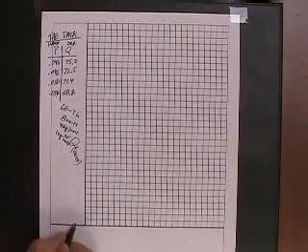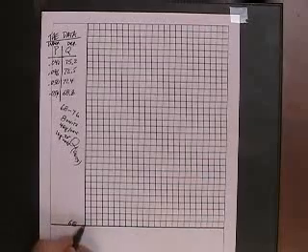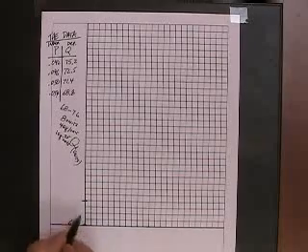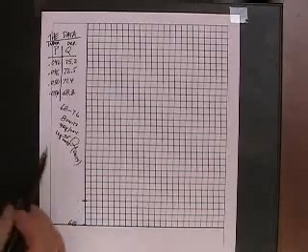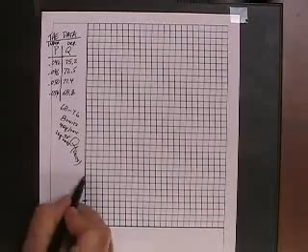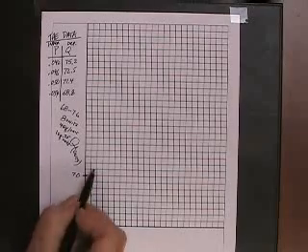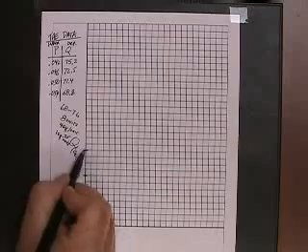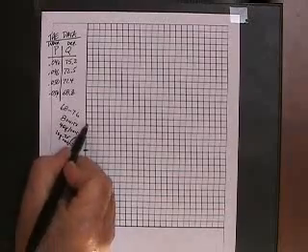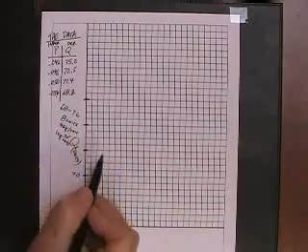Alright, so now I think I'm ready to put the numbers on the vertical axis. 68 is going to be starting right here. Count up 4 boxes, and that should be 69. 4 more, 70. 4 more, 71. Can't write that in there very well. 72. 73.